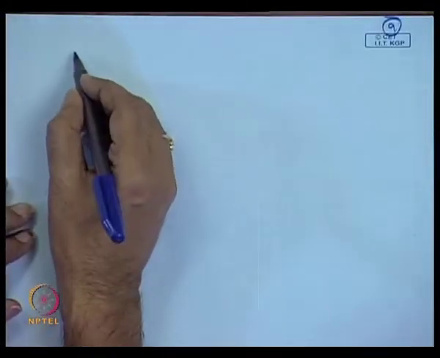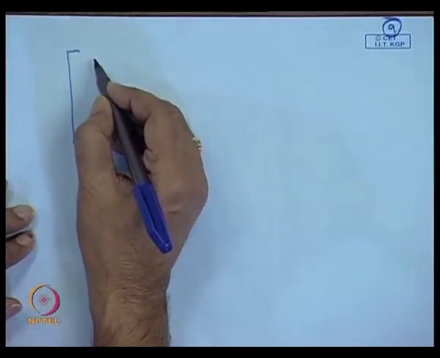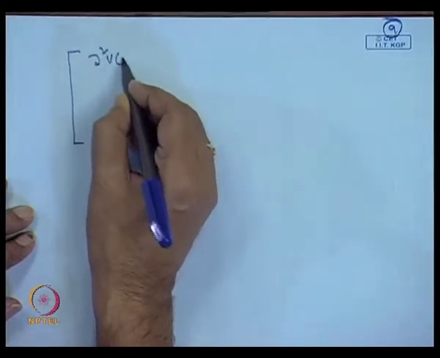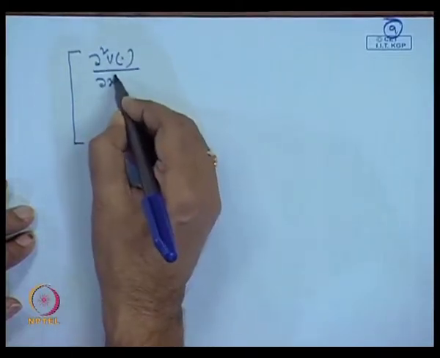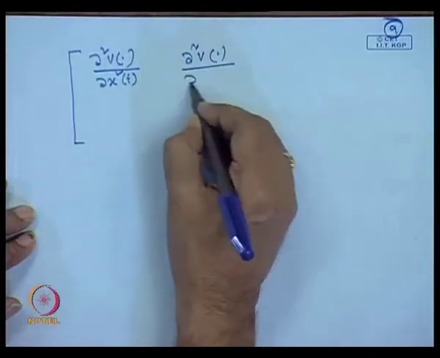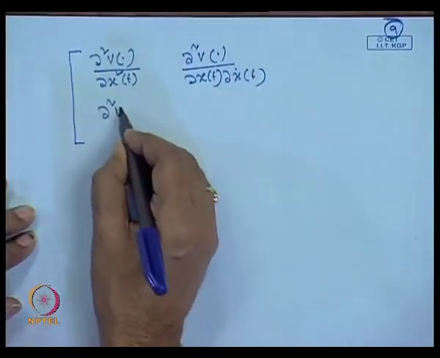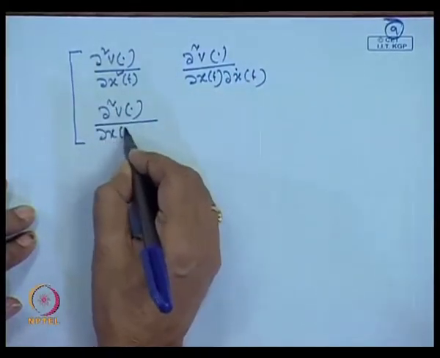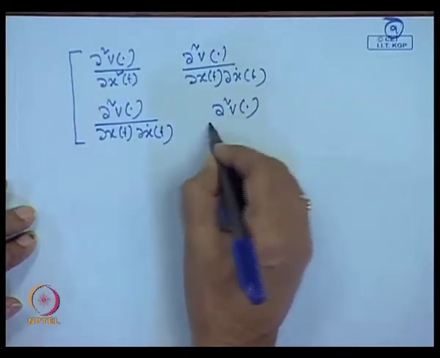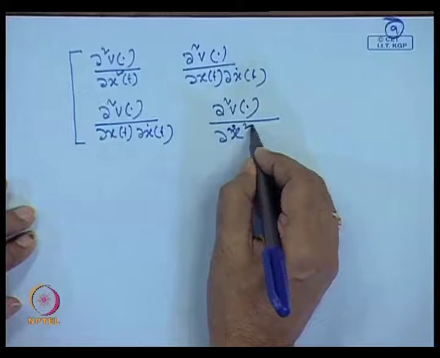If you recollect, the Hessian matrix, which we discussed in static optimization problems, is: del square v by del x square of t, del square v by del x of t into del x dot of t, del square v by del x of t into del x dot of t, and del square v by del x dot square of t.